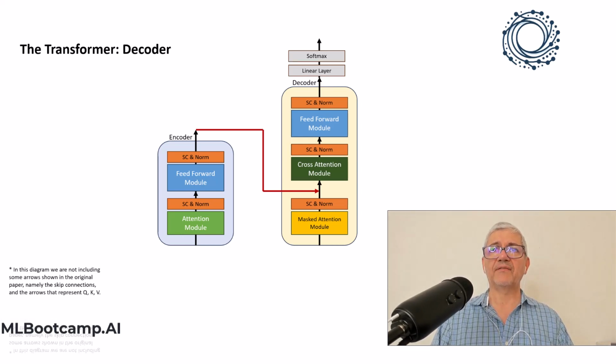And then we have the softmax, which will take the output of the linear layer and convert these raw scores from the linear layer into a probability distribution. This probability distribution is used to select the next word in the sequence. In training, the highest probability word is typically used as the prediction.